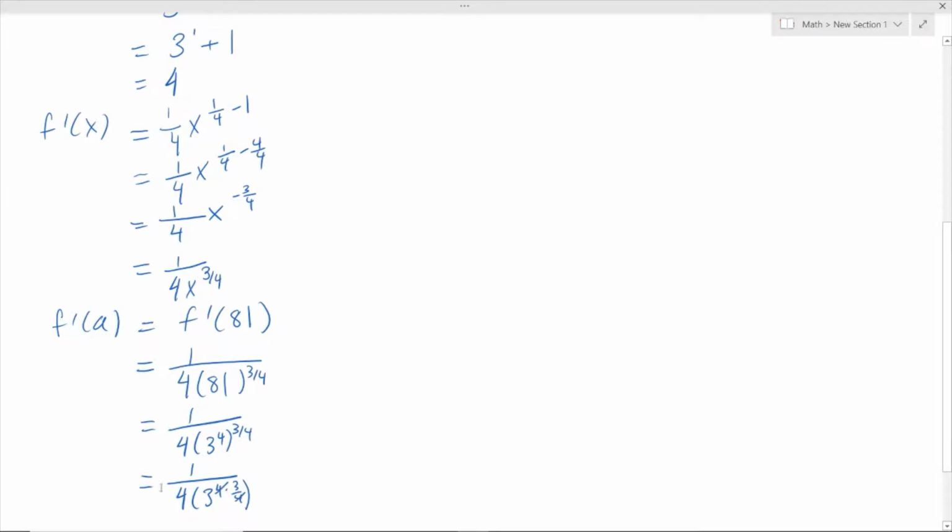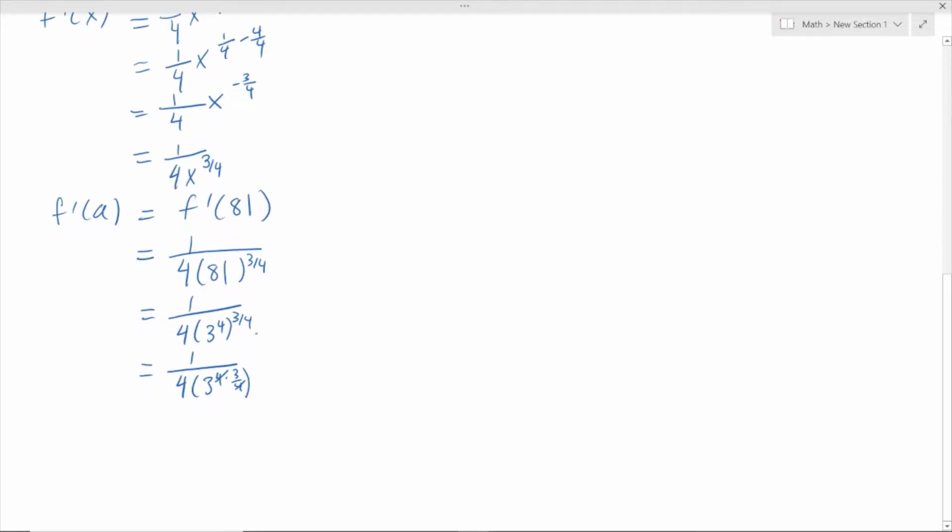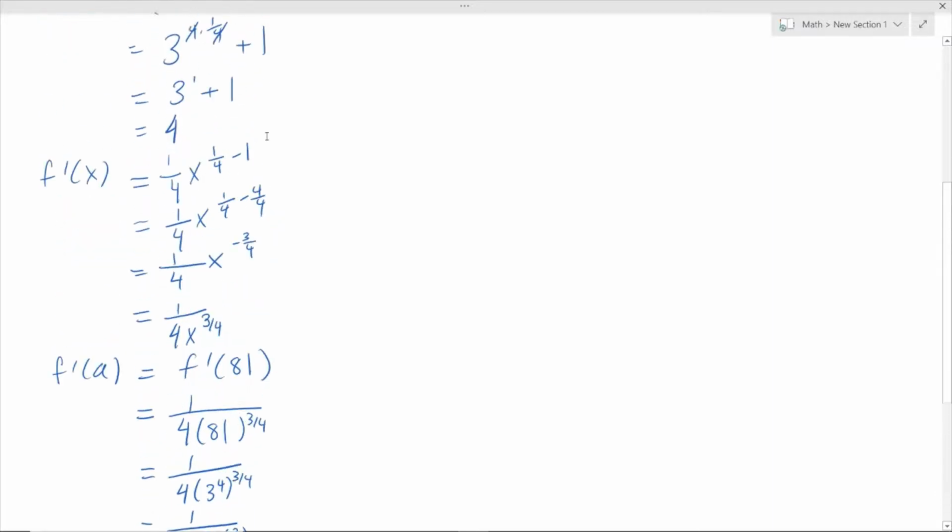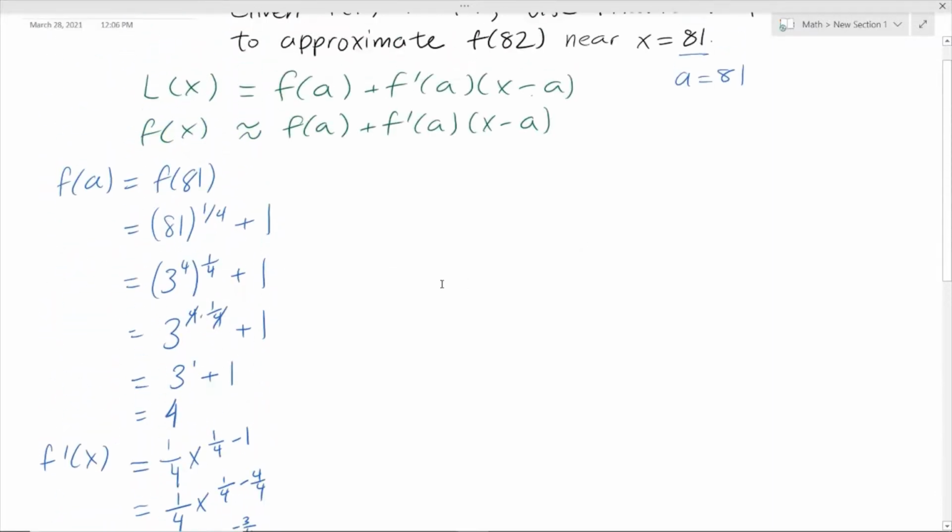And once we cross out these 4's, we will get 1 over 4 times 3 to the exponent 3, which is the same as 1 over 4 times 27, which is ultimately equal to 1 over 108. So now we got both parts. We got f prime of a and we got f of a.